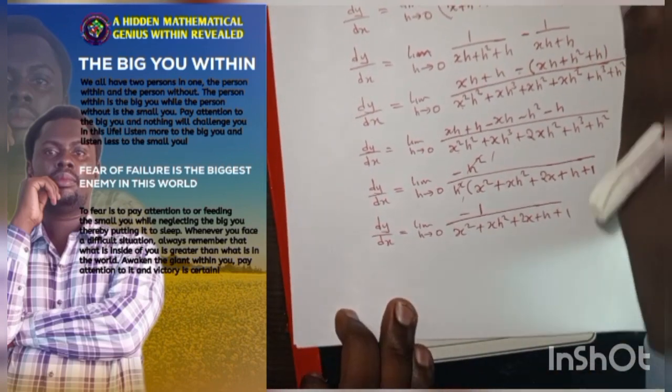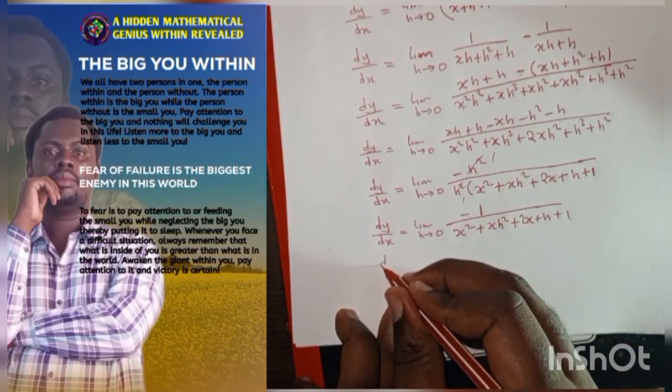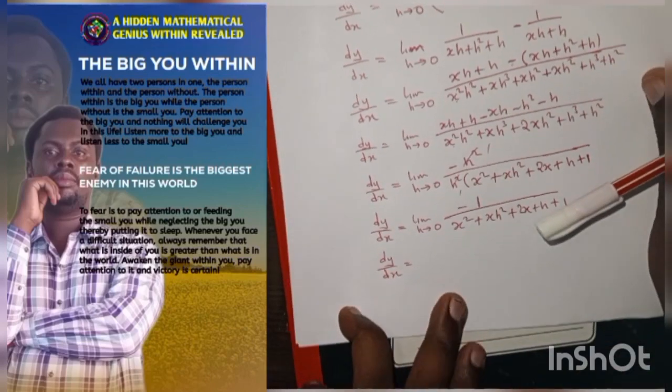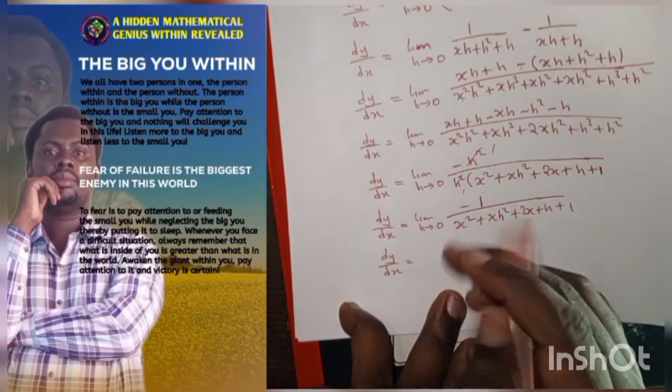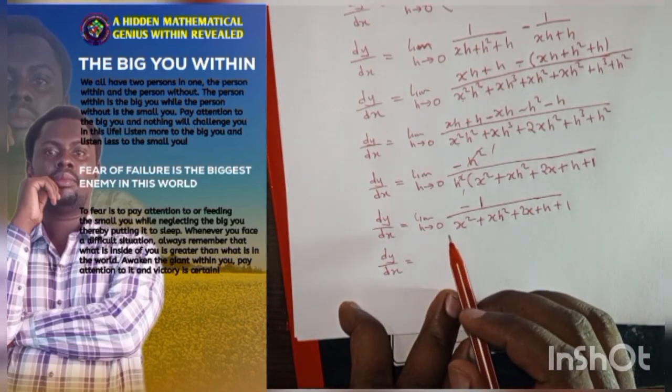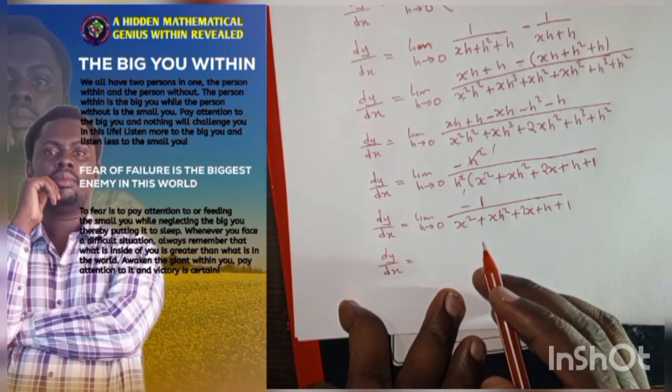Okay, so dy/dx is equal to, so here we are saying the limit is as h approaches what? 0. So where there is h, we are going to put a 0.